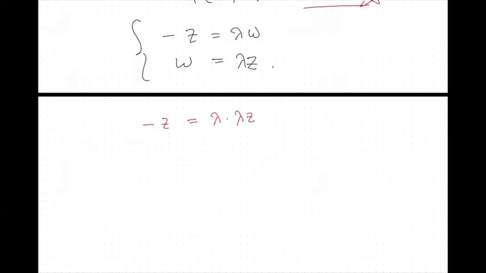So we get negative z is equal to lambda squared z. Our z can't be 0, otherwise w is 0. We don't want the (0, 0).